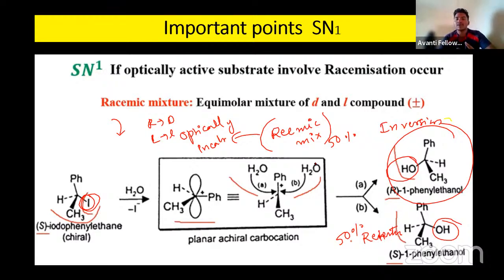Individually they will form, but we are getting a mixture of compounds. In this mixture, one tries to shift towards the left, another towards the right, so both cancel each other. That's why the plane polarized light will not tilt. So 50% D isomer and 50% L isomer is called a racemic mixture. These racemic mixtures are usually optically inactive.